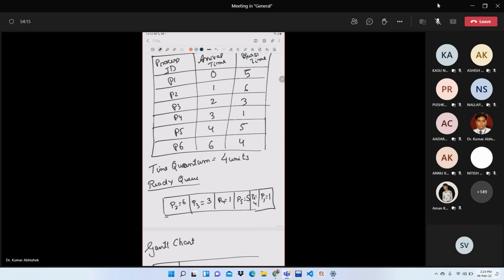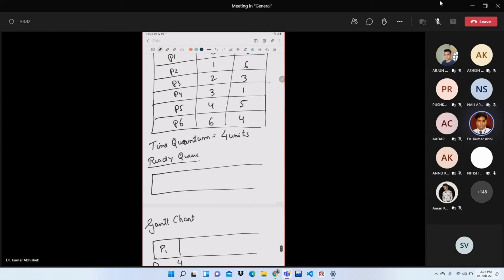P6 has not arrived. At time 4, we have P2, P3, P4, P5, P1.